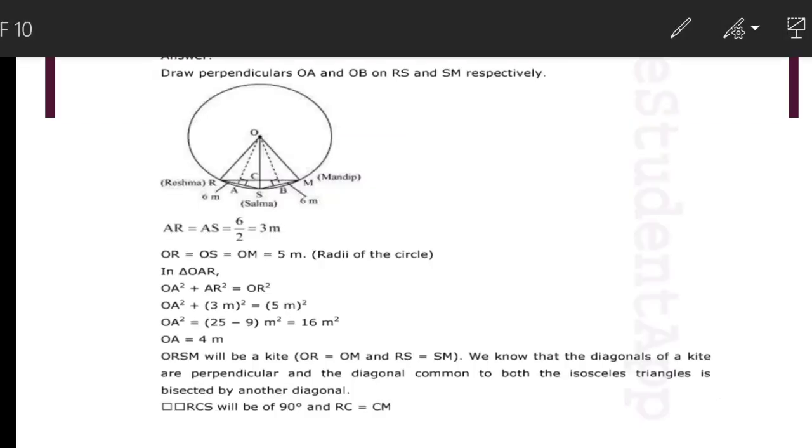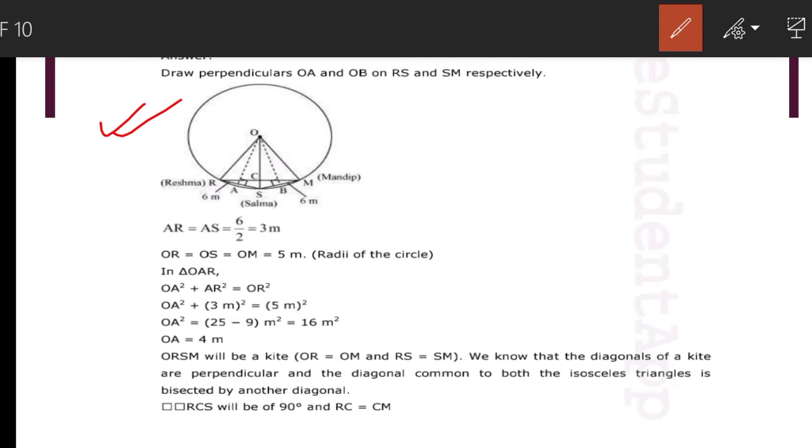Here we have drawn perpendiculars OA and OB on RS and SM. So you can see in the diagram that OA and OB are the perpendiculars drawn on RS and SM, that is Reshma and Salma, Salma and Mandeep. Since the line RS is a chord of the circle and AO is a line coming from the center, it bisects the chord.